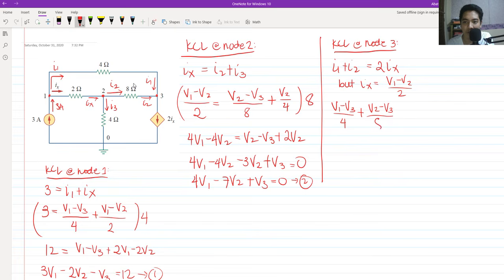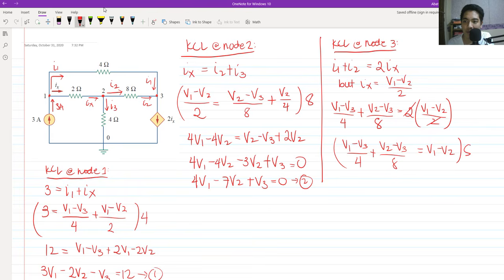And then we have twice Ix, which is still the same current that we wrote a while ago, V1 minus V2 all over 2. So these twos will cancel. So we have V1 minus V3 all over 8 plus V2 minus V3 all over, this would be all over 4, not 8, equals V1 minus V2.